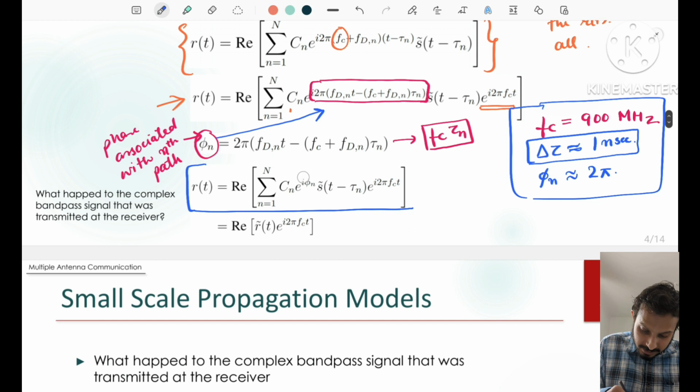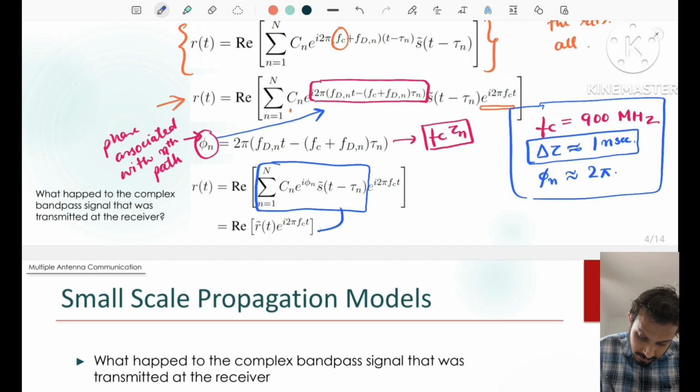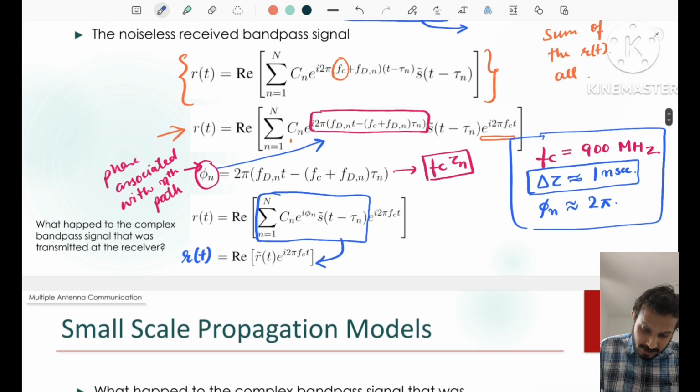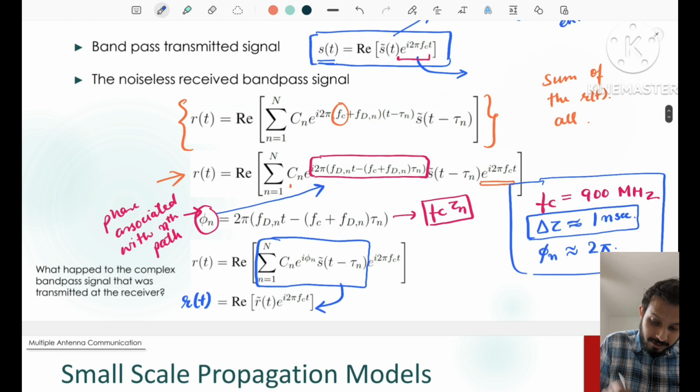And if we represent this part as r tilde t, we get the received signal as the real part of r tilde t e raised to power j 2 pi fct. And this expression is very similar to what we transmitted as s of t.